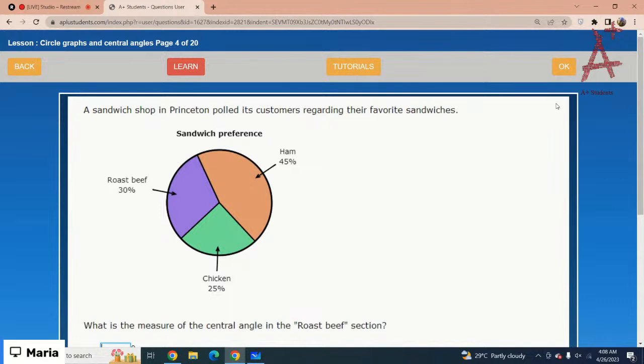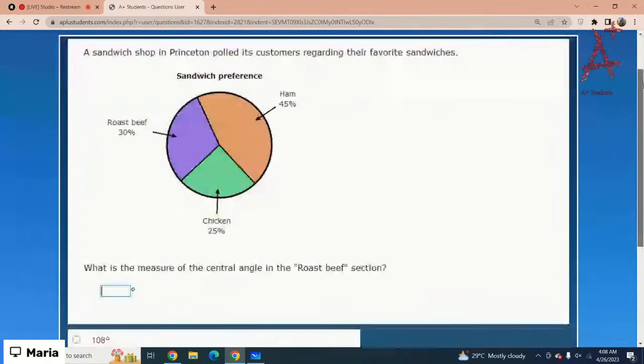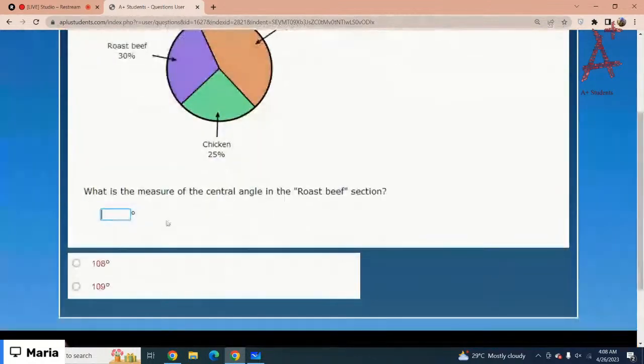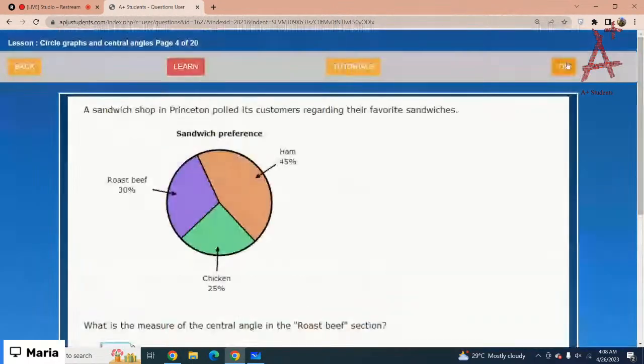So roast beef section is 30%. You need to calculate 30% of 360 degrees. So that's the one I did in tutorial. It would be 108 degrees. So the correct option is 108 degrees.